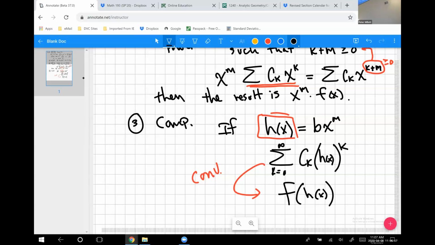So basically, we plugged a power function into a known convergent series that converges to f. Then you can plug that power function into the f function to see what you would get as a result, and you'll still get convergence. That won't change any convergence. You still get convergence, and it converges to the function you would get if you plugged in h.